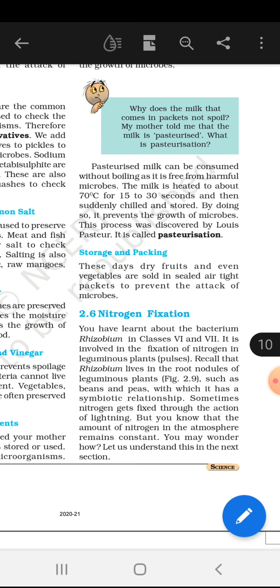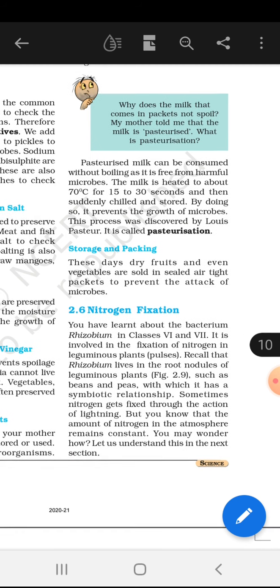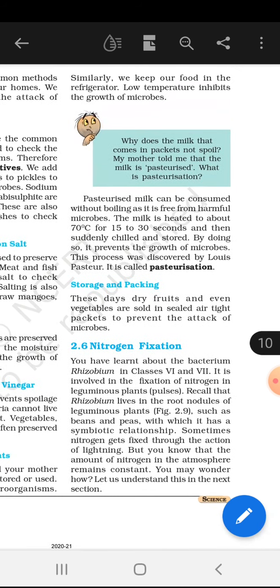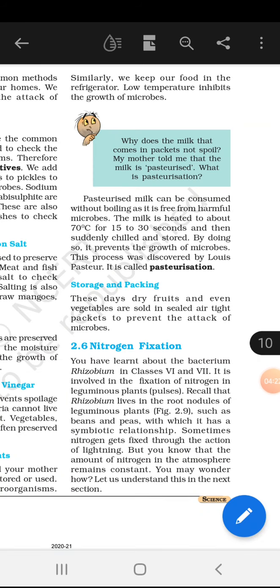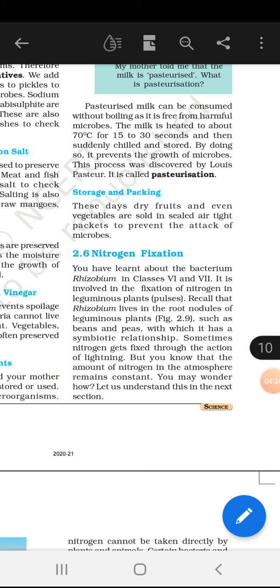Now the next topic is nitrogen fixation. Now we are going to see how nitrogen fixation helps our environment. You know, nitrogen is present all over the atmosphere. Its percentage is 78%. And how is this nitrogen used up?